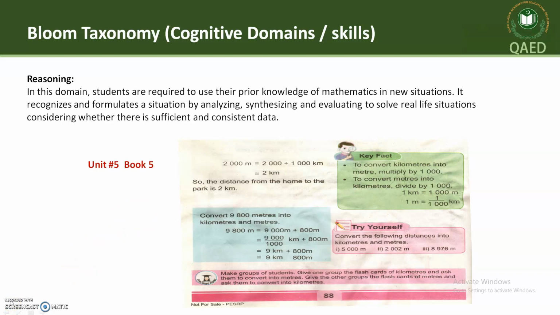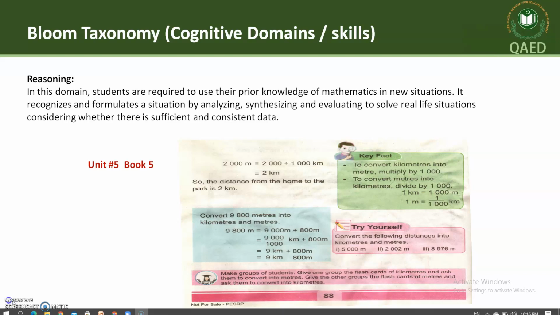Here you can see that to convert kilometers into meters, multiply by 1000, and to convert meters into kilometers, divide by 1000. So we apply here that 1 kilometer is equal to 1000 meters and 1 meter is equal to 1 by 1000 kilometer.